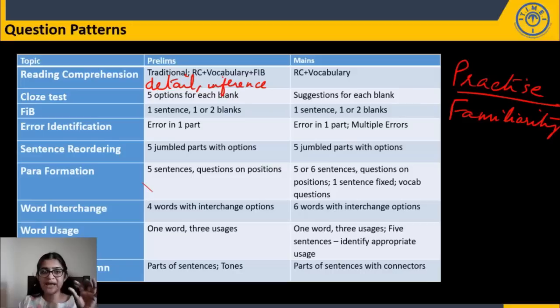Okay, so in this pattern, certain words may be highlighted in the passage. They may be given in bold, and you may be asked to either provide a synonym or an antonym of that word. And there may be fill in the blanks questions also. So while reading the passage, you will see some blanks with a number there.